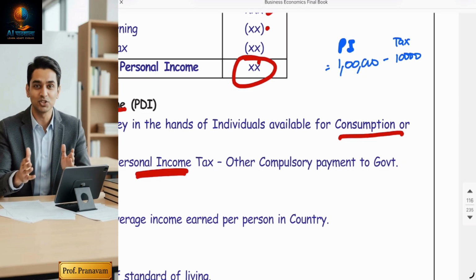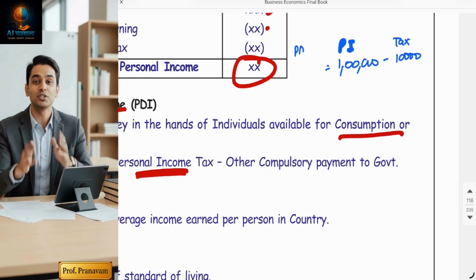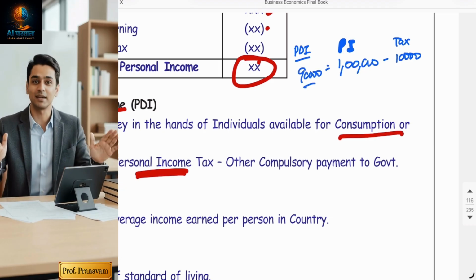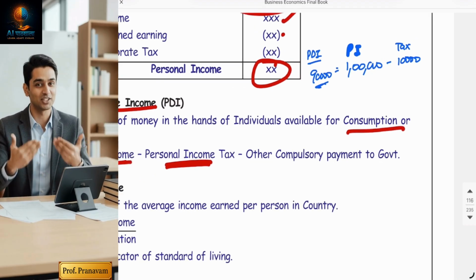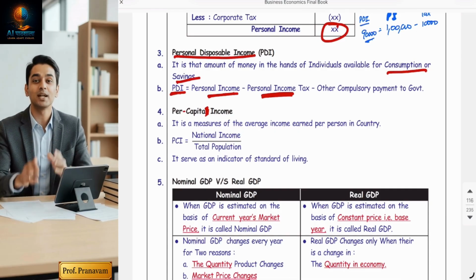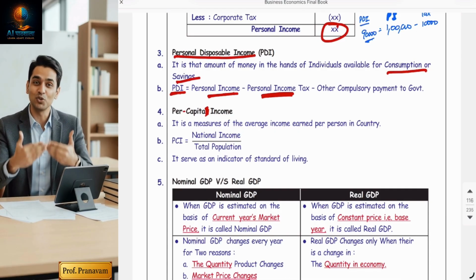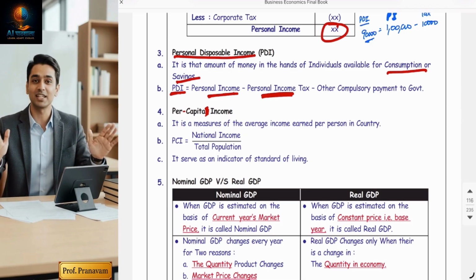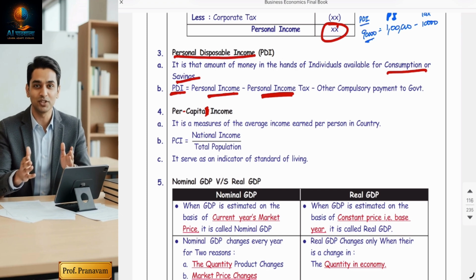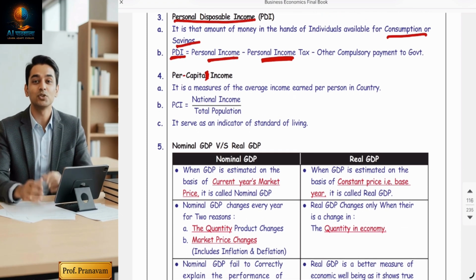So 10,000 I have to pay to the government. So how much is remaining for my spending and investments? It's 90,000. So 90,000 is called disposable income, available to dispose. After removing government payments from your income, the balance amount is your income. You can do whatever you want from that income. It's called disposable income. Okay.